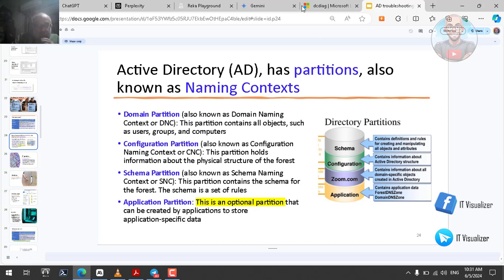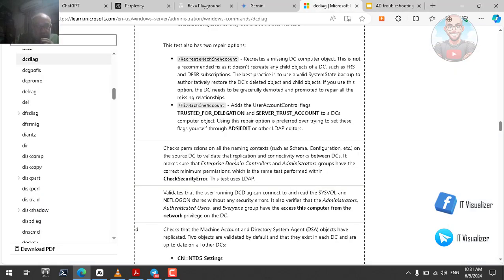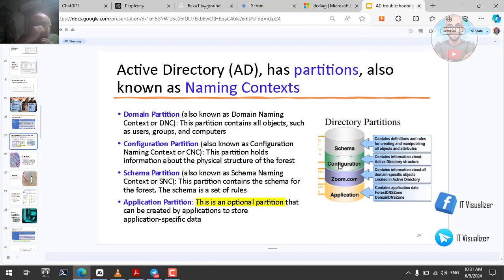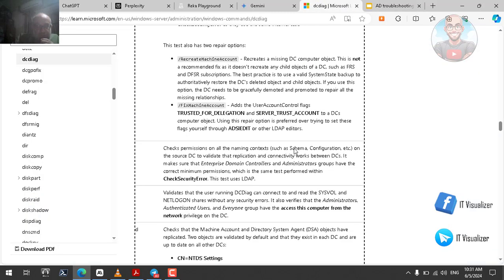So for example, here we have two groups: enterprise domain controllers and administrators groups. This is the local administrators group on the domain controller. The test will check if these two groups have the minimum permissions to replicate the Active Directory database.